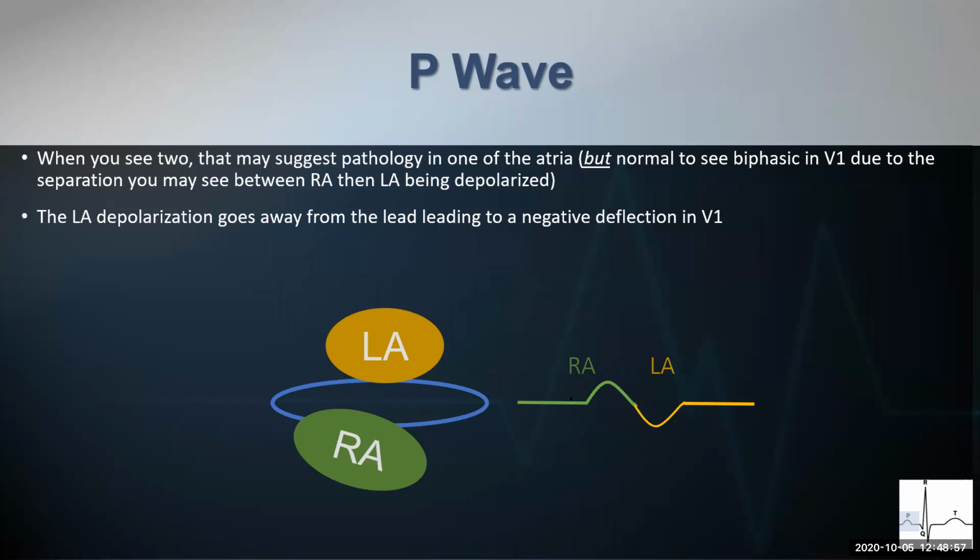This sinusoidal appearance can occur due to separation you might see between the right and left atrium when they're depolarized, because remember, they're not always occurring exactly together, especially if they have increased pulmonary pressures. So just know that you can sometimes see it as a normal variant, but if you see it, you should start looking for pathology that might already exist in that patient, or maybe you're going to diagnose something.